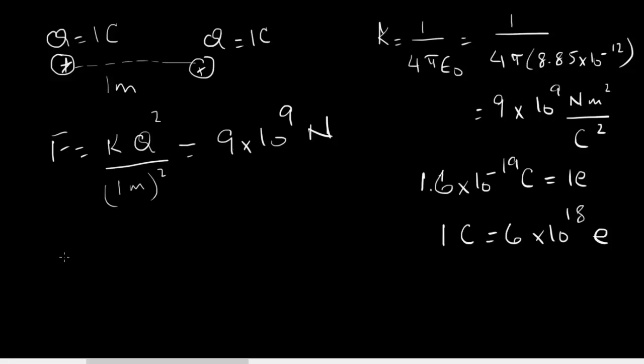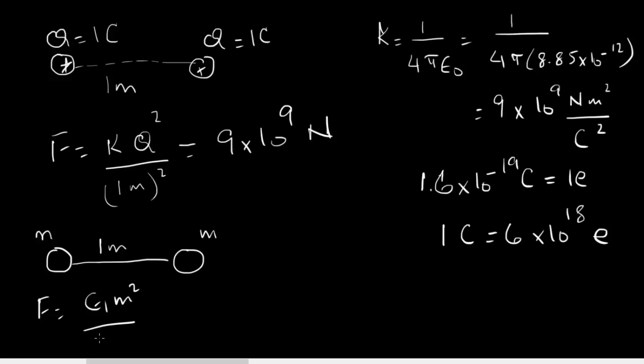Now what if you had two masses, m and another mass m here, separated by a distance of 1 meter? Again, we're talking about point charges and point masses here. Then the force between them is given by G m squared divided by 1 squared. Say we want to know how much mass we need in order for the force between them to be the same as the force between 1 Coulomb of charge.